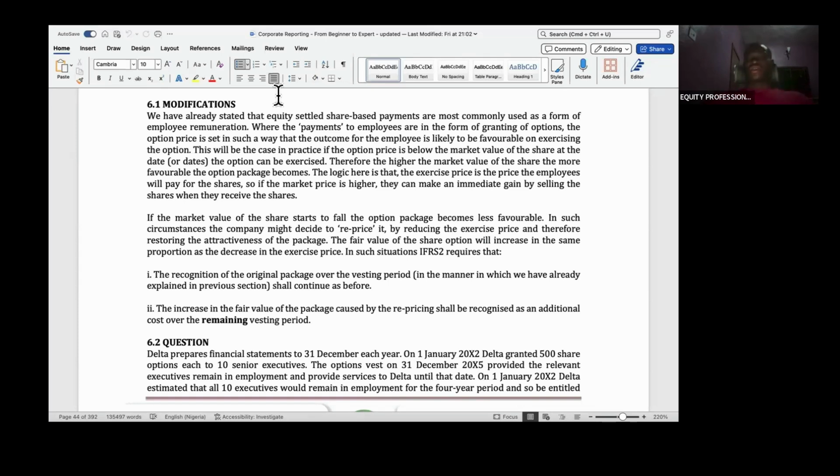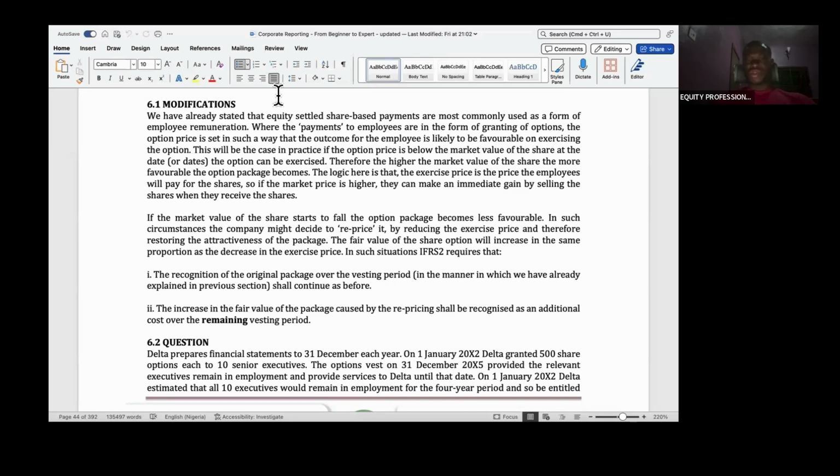And for cash settled, which was the question we ended with, that is usually measured using the fair value of the rights or the option at each reporting date.